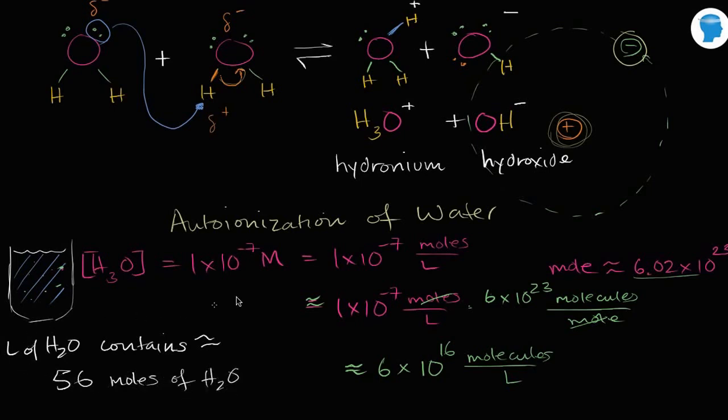So one way to think about it is, if I'm thinking about a liter of water, I have 1 times 10 to the negative 7 moles of H3O for every 56 moles of H2O.